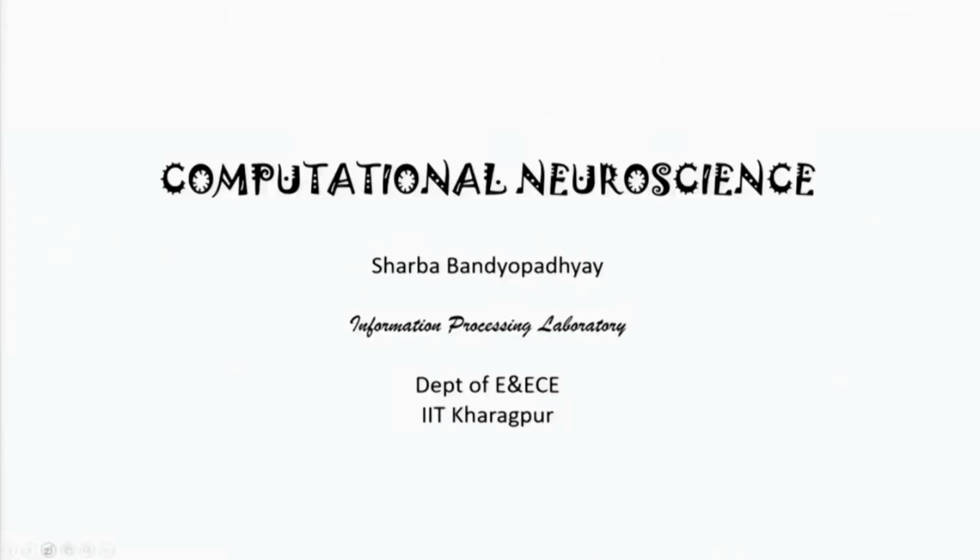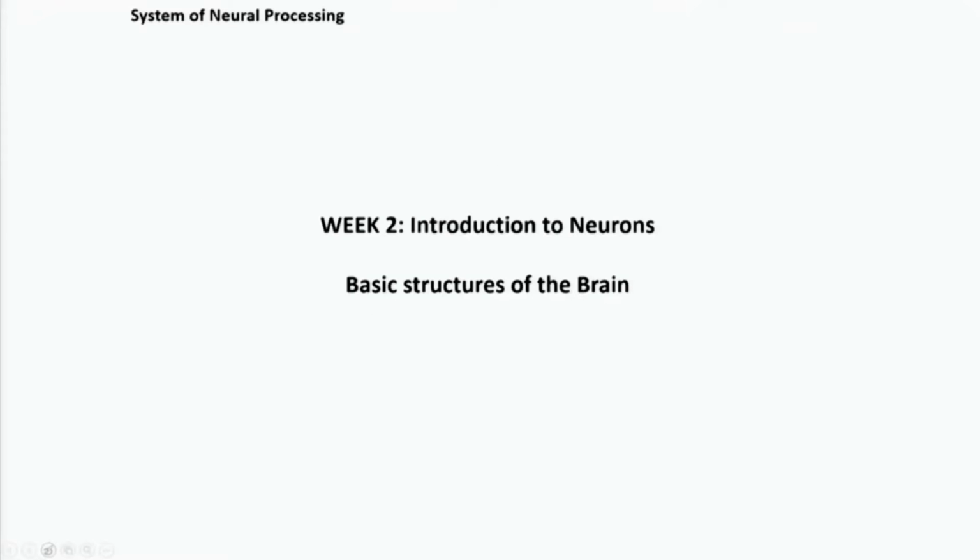Welcome. So this is our third lecture in the Computational Neuroscience course. We are in the first week, where we are doing an introduction to neurons, and we have discussed in the previous two lectures the structure of neurons and also the structure of networks and synapses.